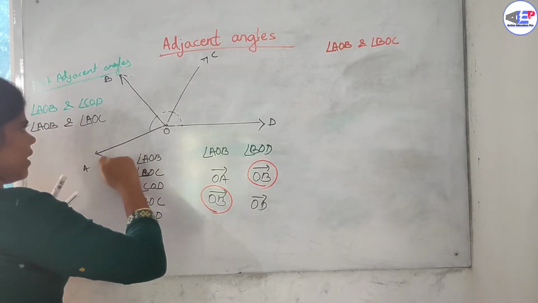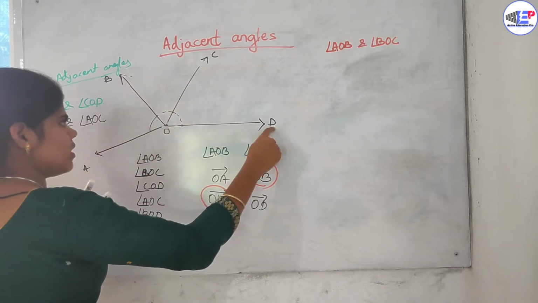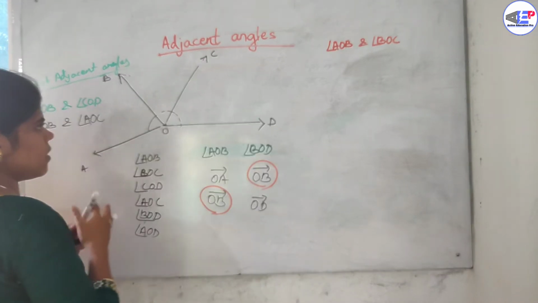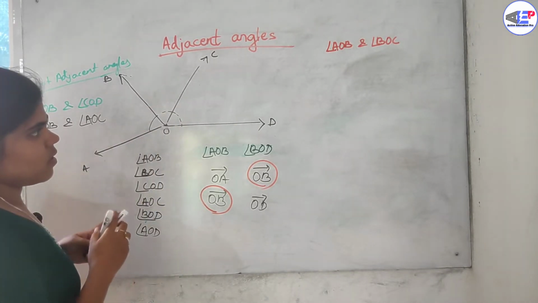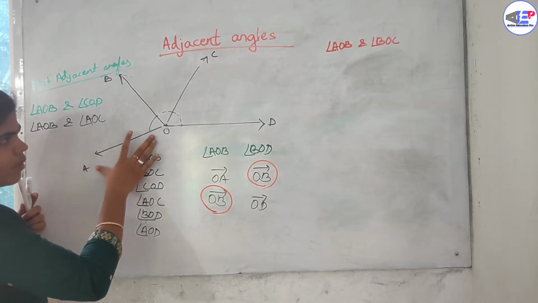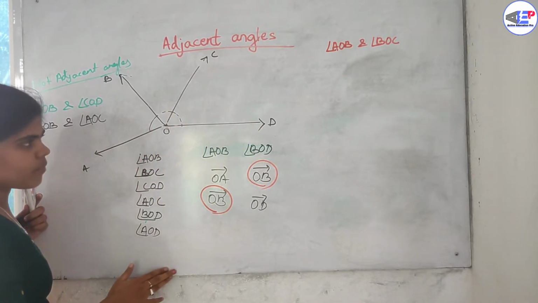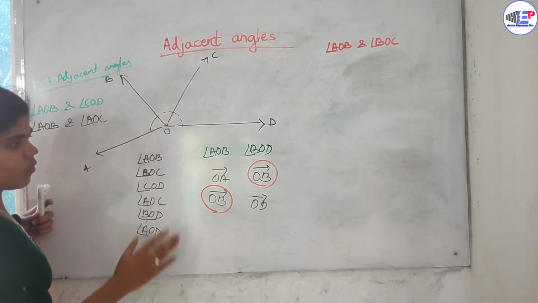Look here, AOB angle and BOD angle. OB is the common arm, so OA and OD are the non-common arms. The second condition is that the non-common arms OA and OD have to be present on each side of the common arm OB.